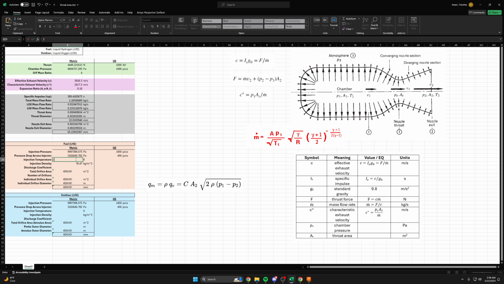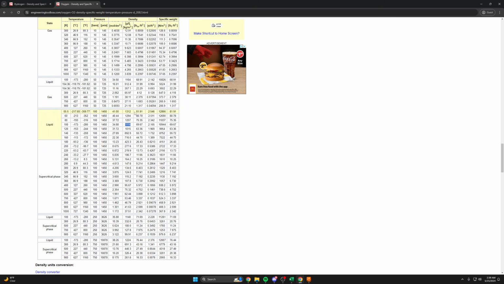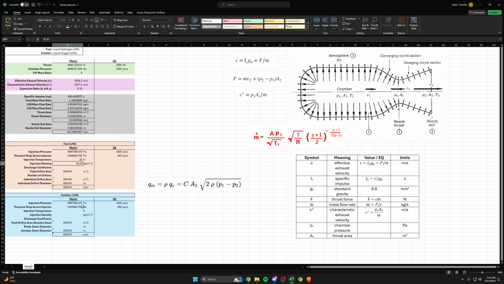We actually don't need the temperature for this, but it's nice to keep track of. And then we will take the liquid oxygen at 100 Kelvin, 1,116 kilograms per cubic meter.